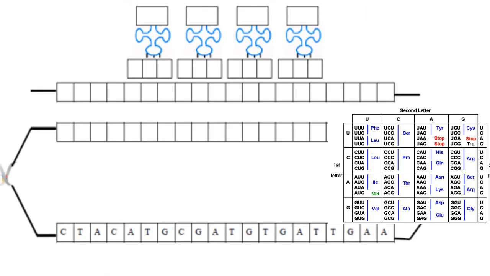Now let's take a look at transcription and translation in a more hands-on sort of way. Here we start with the DNA being unzipped by helicase. So we have a DNA template.